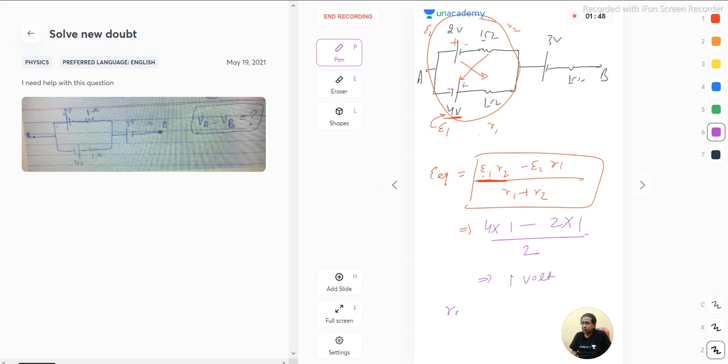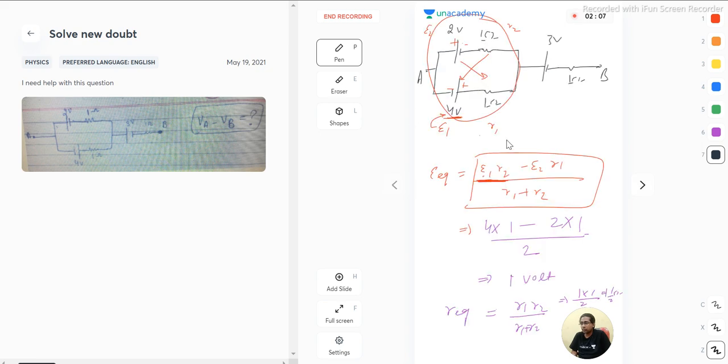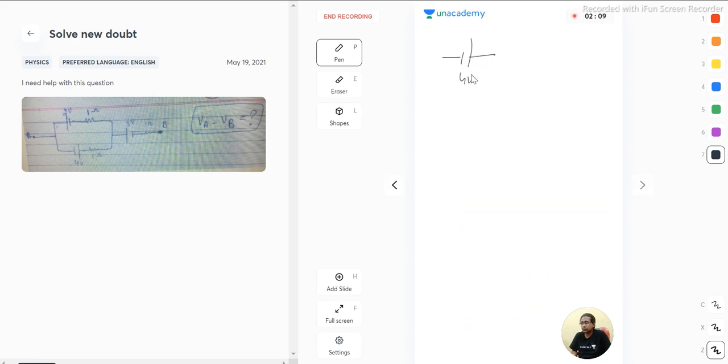Okay, what is R equivalent of this circuit? That is simply R1 R2 by R1 plus R2. So this comes out to be 1 into 1 by 1 plus 1, 2, that is half ohm. So that means we got the equivalent of the battery, and that is 4 volt. Actually not 4 volt. What is the equivalent? That is 1 volt.